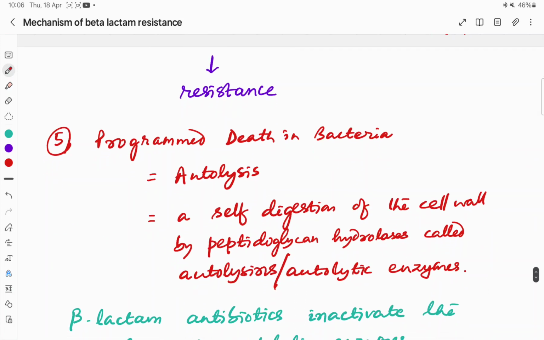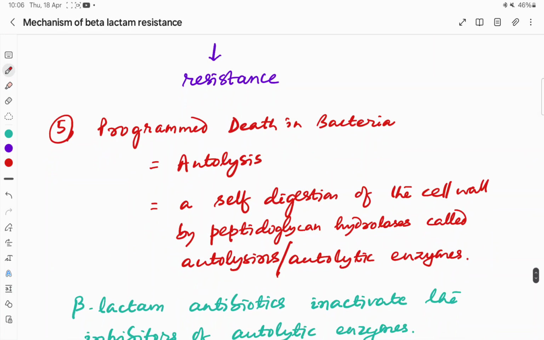One more mechanism of beta lactam resistance is there. For that, we need to understand the programmed death in bacteria, which is also known as autolysis. Autolysis is a self-digestion of the cell wall by peptidoglycan hydrolases called autolysins or autolytic enzymes. Both synthesis and hydrolysis of peptidoglycan are necessary.